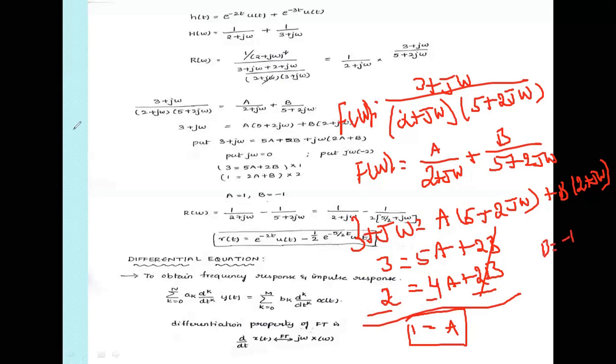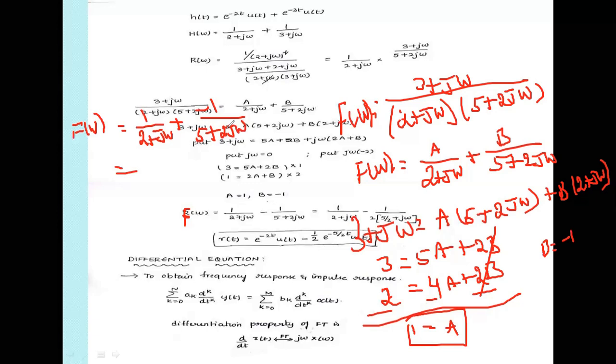So to get the F of omega, not the R of omega, my student, it is F of omega as an input function. Output function is already given. F of omega is equal to 1 by 2 plus j omega, A is 1, plus B is minus 1, 5 plus 2j omega.